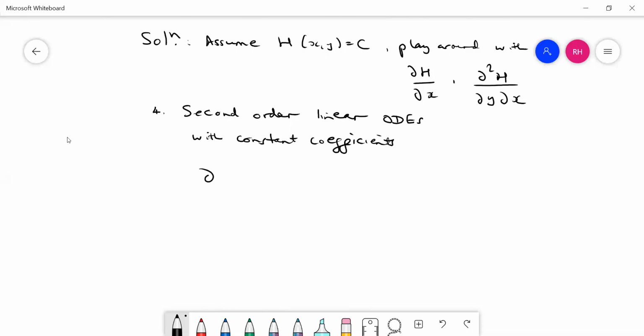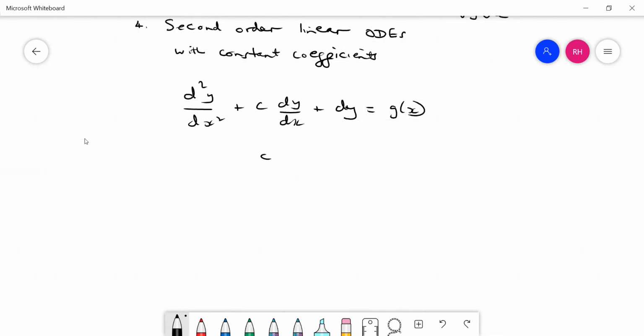And this will be of the form d squared y/dx squared plus c dy/dx plus d times y equals, let's call it g(x), just any function of x. And here c, d are constants.